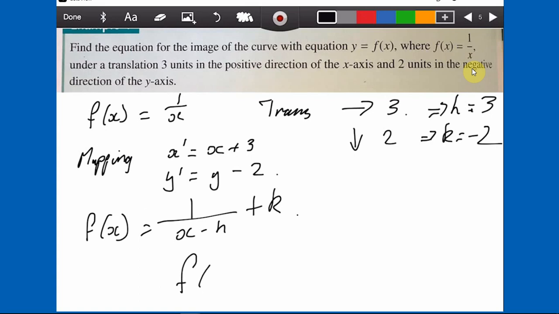So f of x then would be 1 on x minus 3, minus 2 on the end.